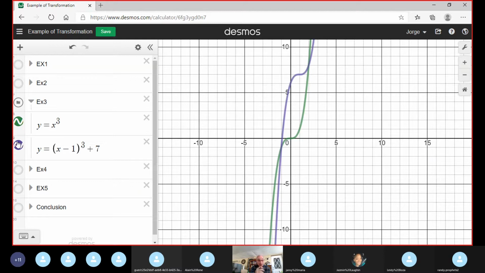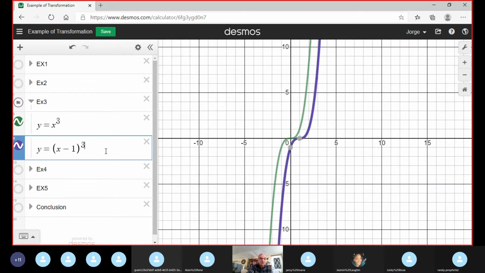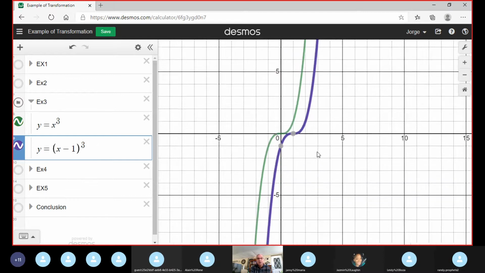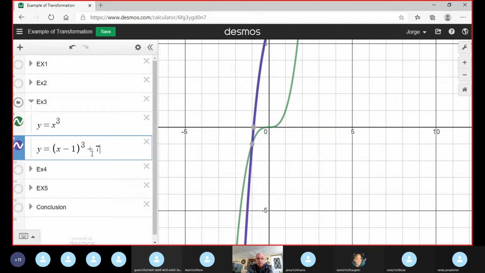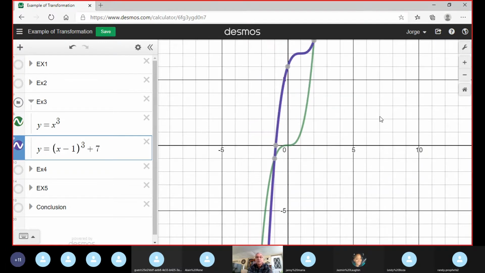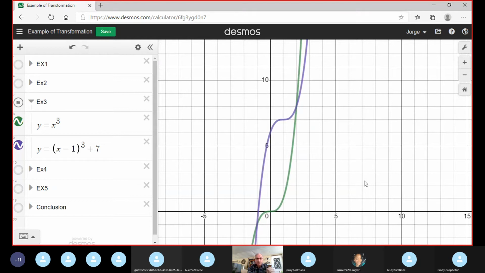Step 1: suppose I delete that 7. No 7 anymore. Then it is obvious that it's a horizontal shift 1 unit to the right, because it's minus. Plus 7 is 7 up. Point by point, any point goes up 7 units. Any questions, guys?